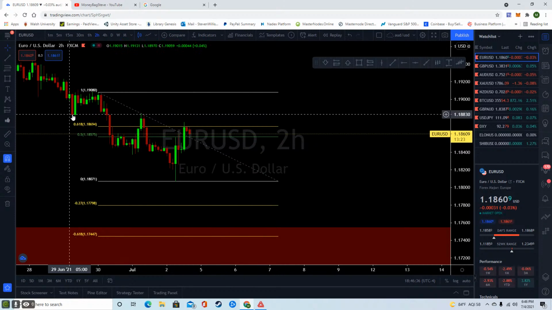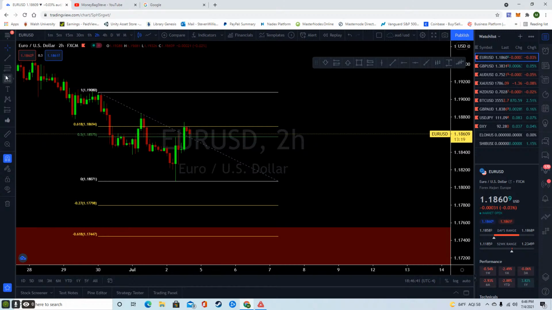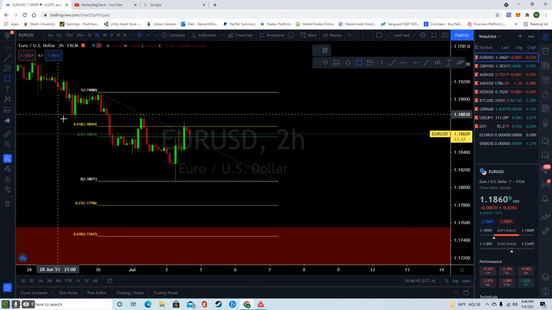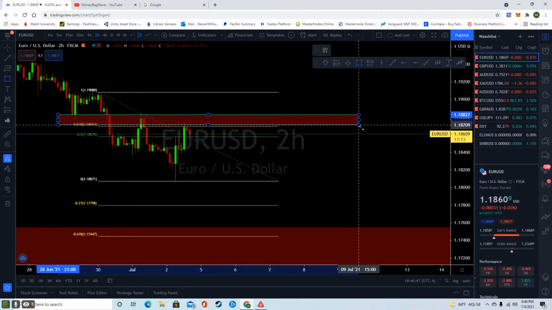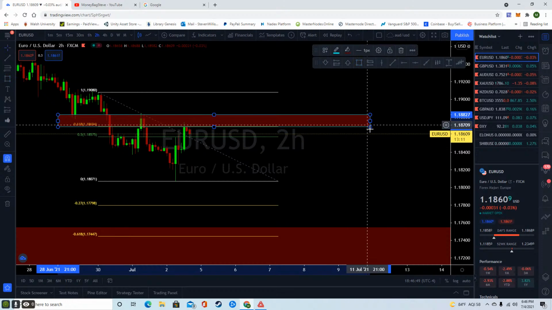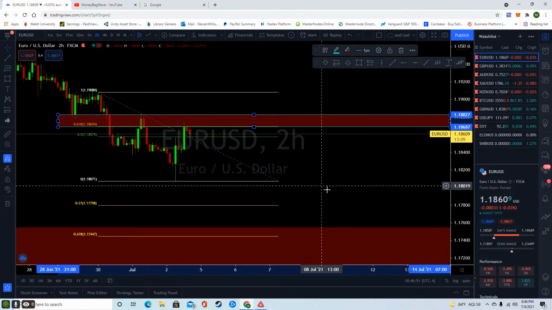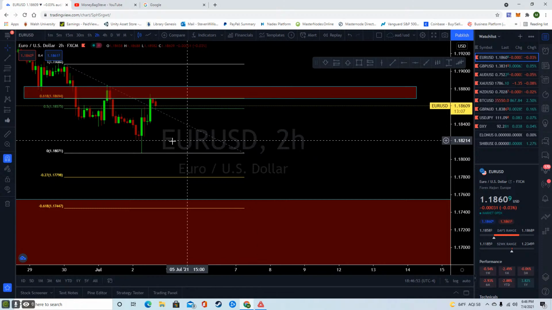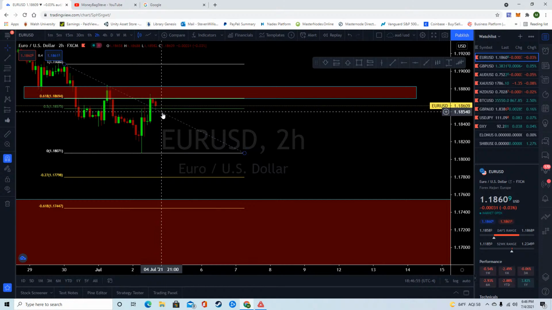Here it shows a pretty good view within this zone, right about here, to the top of that. That zone looks pretty amazing right now. So what we're gonna wait for is this green line right here.